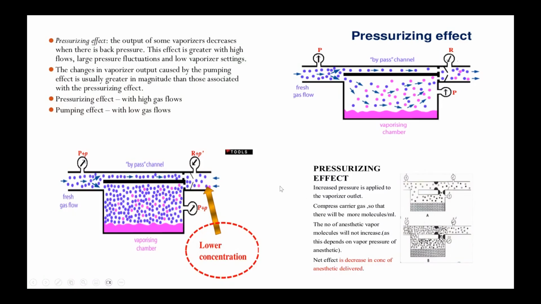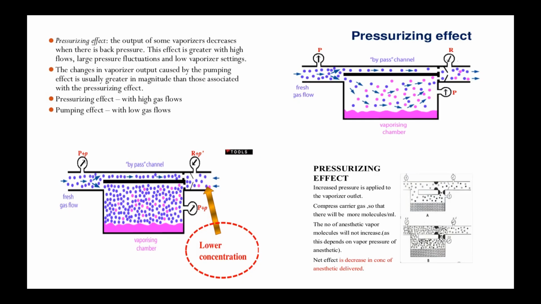So what you have to remember, and the answer in the exam, is that the pumping effect, without any compensatory mechanisms like I told you, with a longer inlet, with a resistance or with a one-way valve, will produce an increase in concentration. Pumping effect increases the concentration. On the contrary, pressurizing effect is supposed to reduce the concentration.